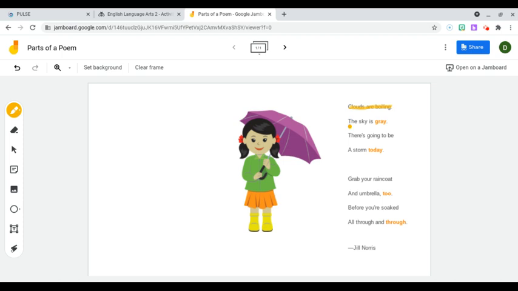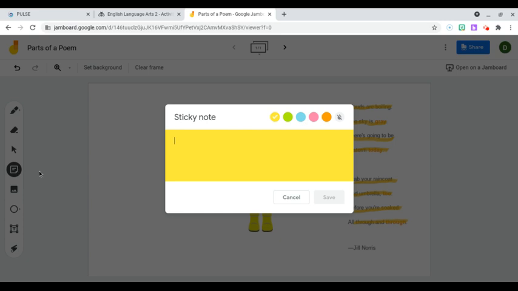So we have 1, 2, 3, 4, 5, 6, 7, 8 lines. Be careful. The author's name is down at the bottom. That is not a line from the poem. So in this poem, we have 8 lines.